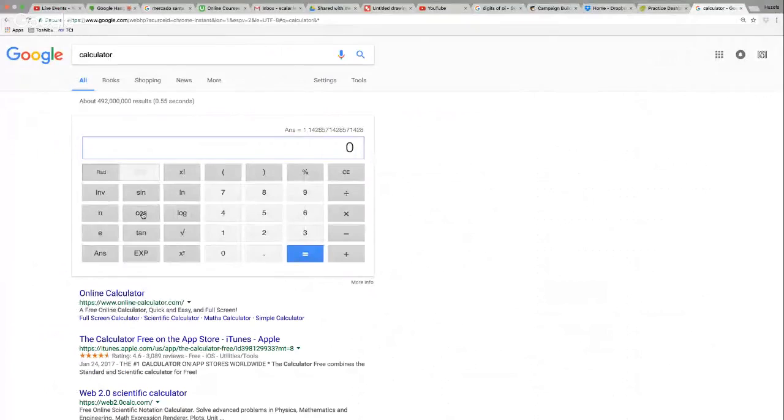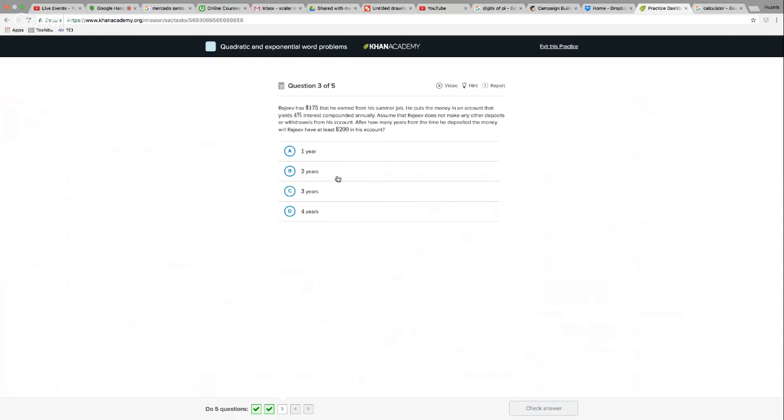Log of 1.14 divided by log of 1.04 equals, I think it was 3.34. So it's approximately 3 years.